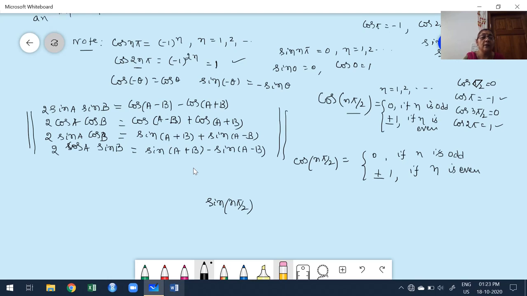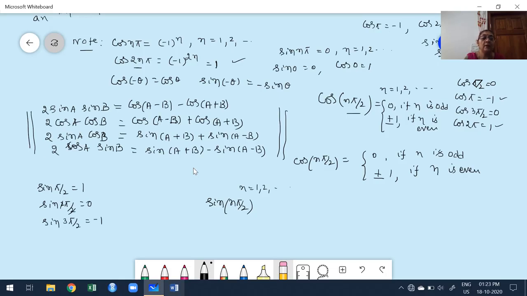I'll explain here. Put n equal to 1, for n equal to 1, 2, 3, because our summation in the Fourier series ranges from 1 to infinity. Sin of pi by 2 is 1. Put n equal to 2: sin of 2 pi by 2, the 2 cancels, sin pi is 0. Put n equal to 3: sin of 3 pi by 2 is minus 1.